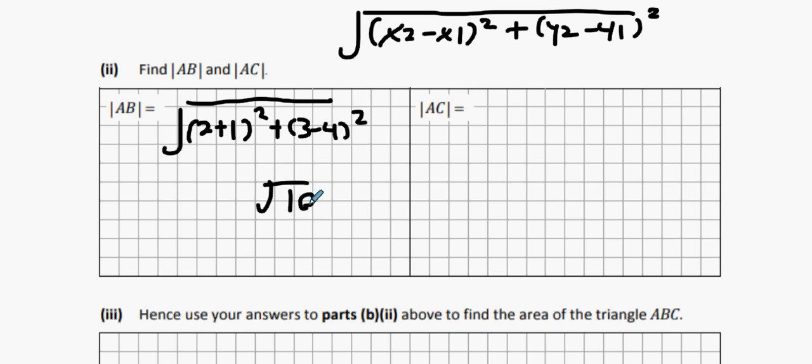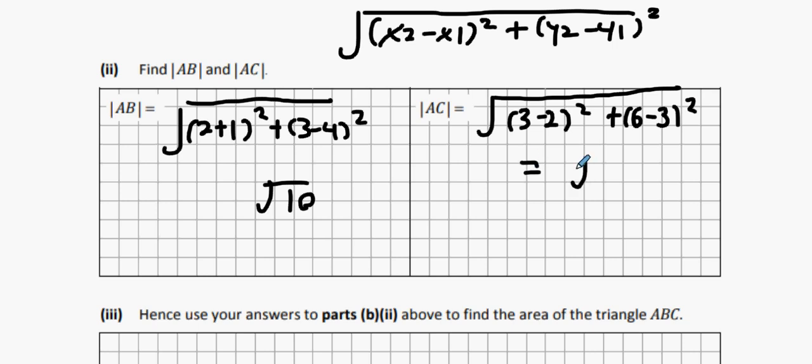And then the other one is 3 minus 2 squared, and then 6 minus 3 squared, and that's also root 10. If you're wondering where I'm getting the numbers from, A is 2, 3.